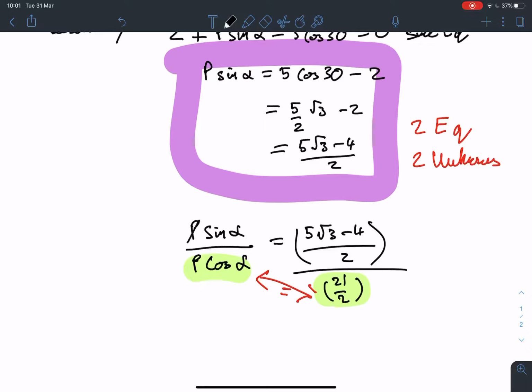So although we've written different things down here, we're actually dividing by the same thing. So the P's now cancel. So we've now got one unknown, which we can write as tan alpha, sin alpha over cos alpha. The one unknown is alpha, but we can write that as tan alpha now. Divided by a fraction, invert and multiply. So the divide by 2's in effect cancel to leave 5 root 3 minus 4 over 21.